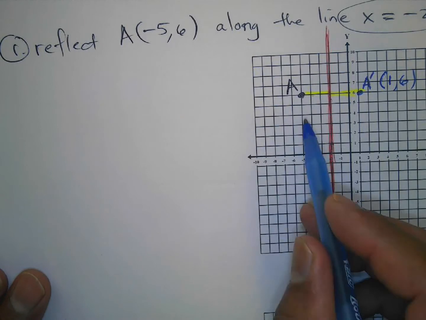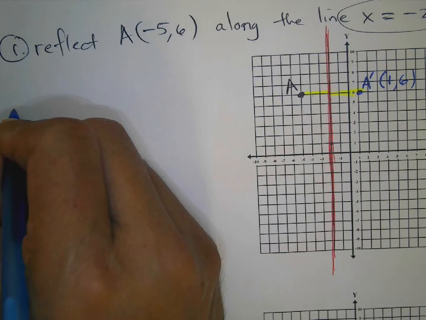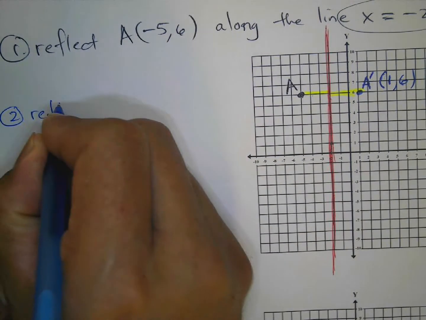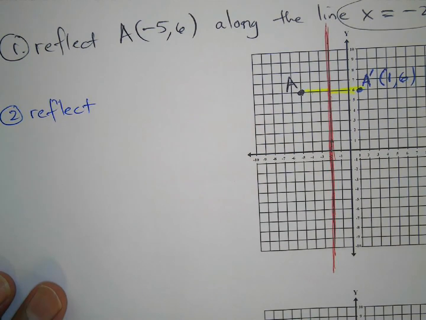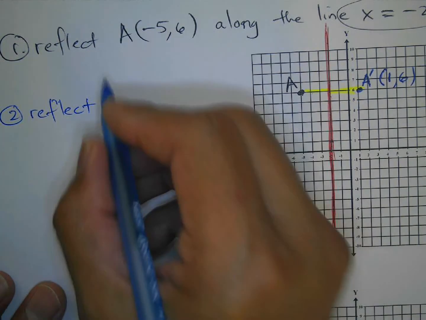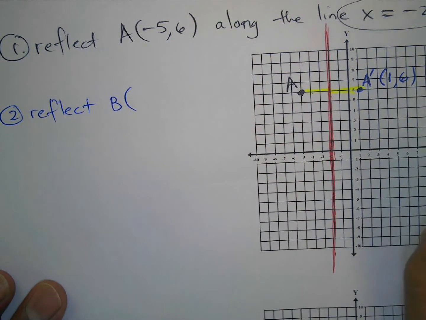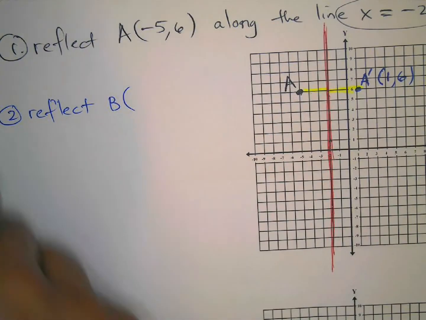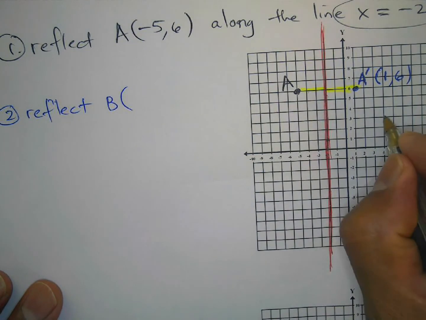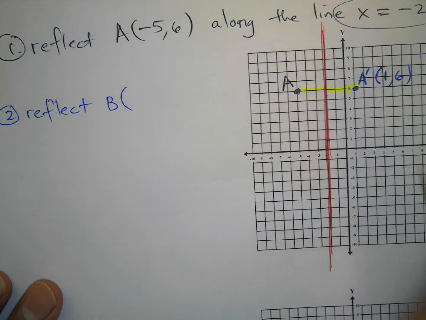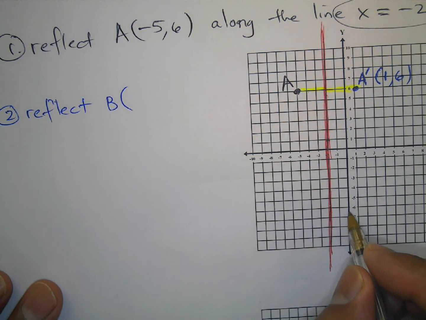Let's go to number 2. I'll pick a different point. Reflect point B, and I'll just stay here, right? I can do 2 problems here. This is point B. Let's put point B right here. Oh, and I'll put it over here.